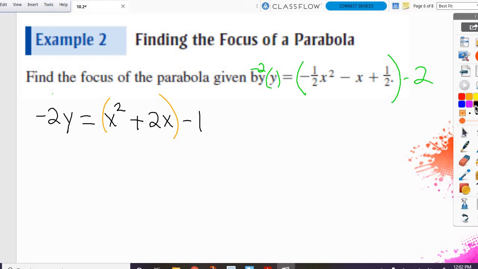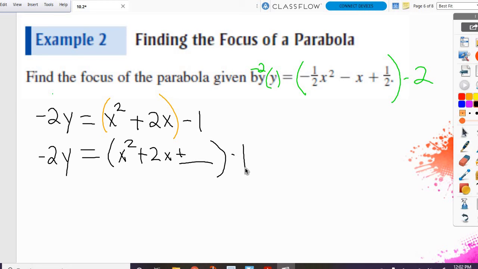Now, how do I figure out what's missing from the inside in order to give us a perfect square? Like that number. Do you remember? We have two of the same number that multiply together to give us c and add together to give us our b value.